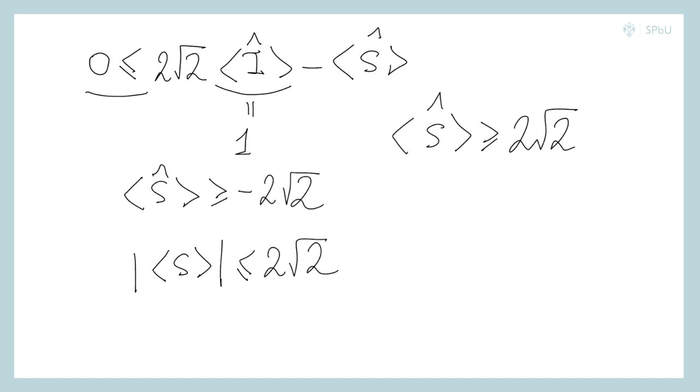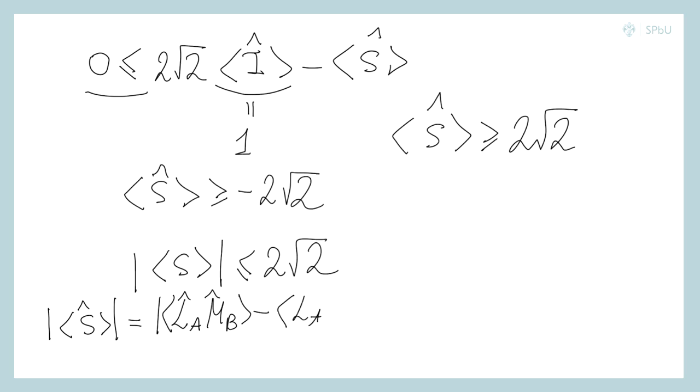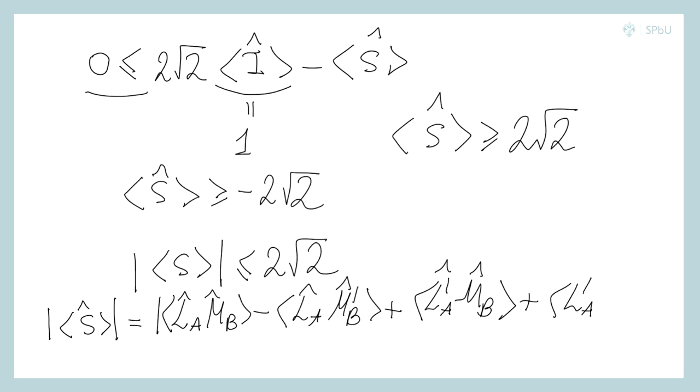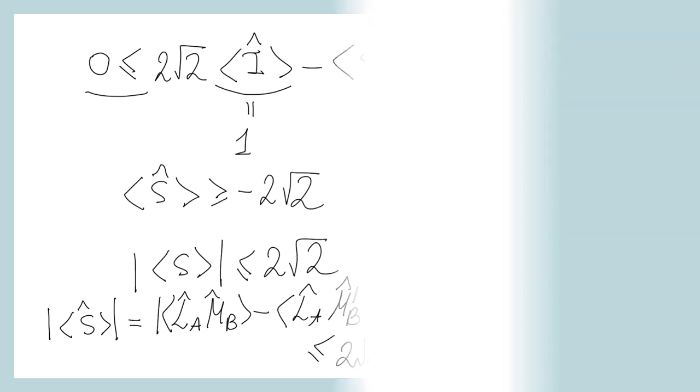We can now turn back to our definition of S and write the following: the average of LA MB minus LA MB prime plus LA prime MB plus LA prime MB prime is less than or equal to 2 square root of 2.